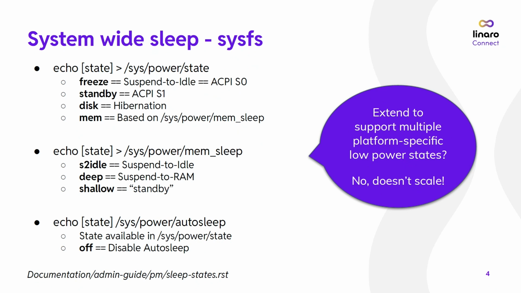The top one here is /sys/power/state, and there are a couple of different strings that map to a state that you echo into those nodes, and that is in the end the state that you will go to. So we have freeze, standby, and disk, and those are mapping to different things. Freeze is Suspend-To-Idle, or ACPI S0, standby is ACPI S1, and disk means hibernation.